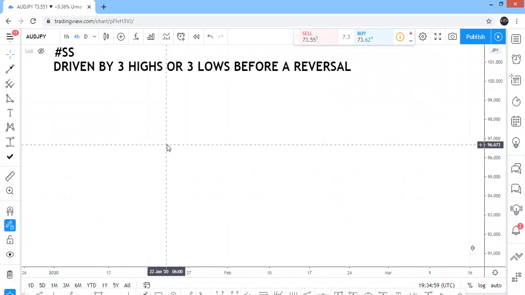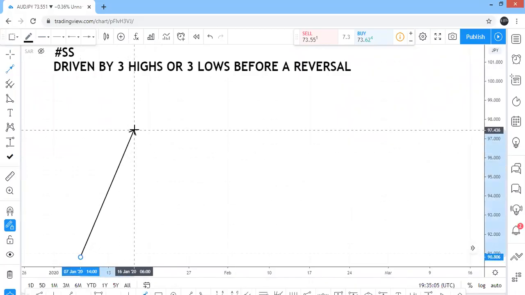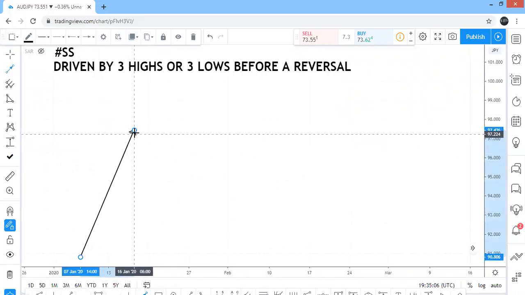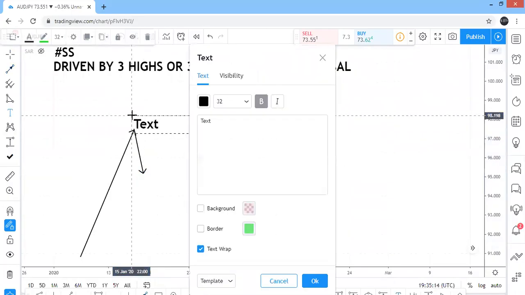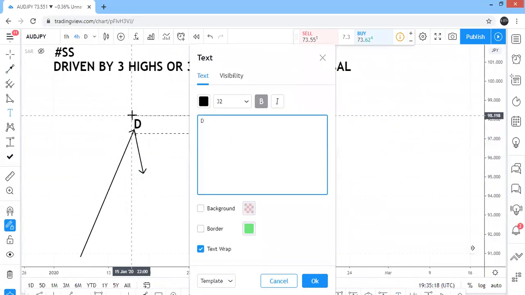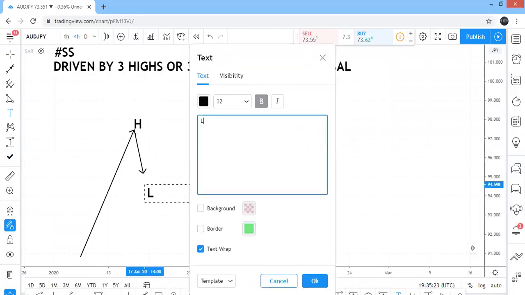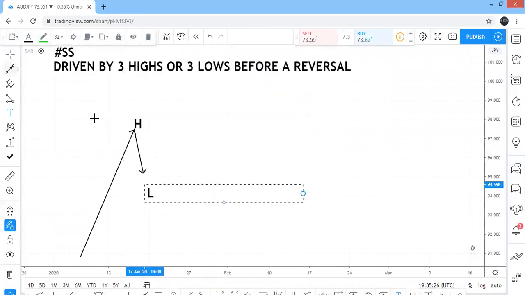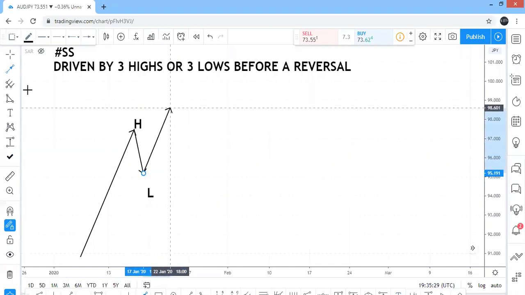So let's draw this so we know. Okay, we still have an A to B move, but what happens here is that it's forming a first high. Okay, so we're going to do the example for the highs, driven by three highs or three lows. And so we have a high over here. And then we have a low over here. Now, what's going to happen is that the market is going to form a higher high.